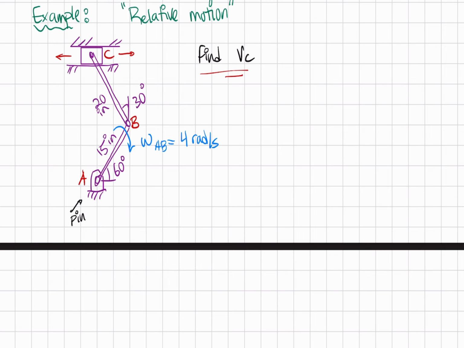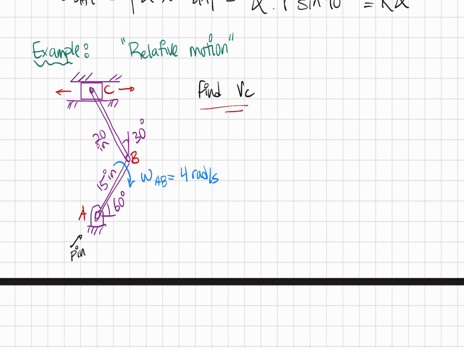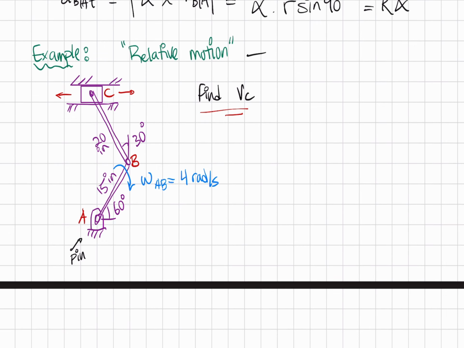I know A is not moving, so I can describe the position of B relative to A. Once I know how B is moving, I can describe how C is moving relative to B. That's really the basis for the method of relative motion: you take something sophisticated, break it down into chunks, and work with it that way.